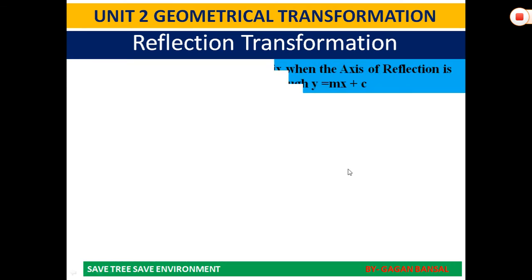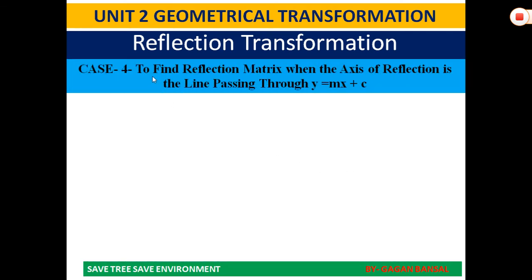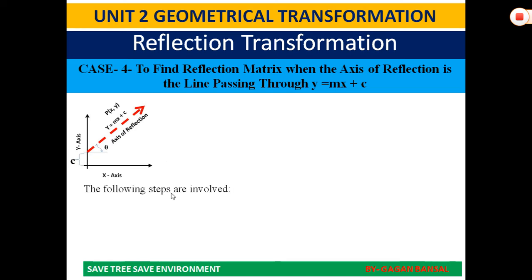Let's see. Case 4 is to find the reflection matrix when the axis of reflection is the line y equals mx plus c. So this is our initial problem, and we will follow the following steps. First, translate the line so that it passes through the origin.